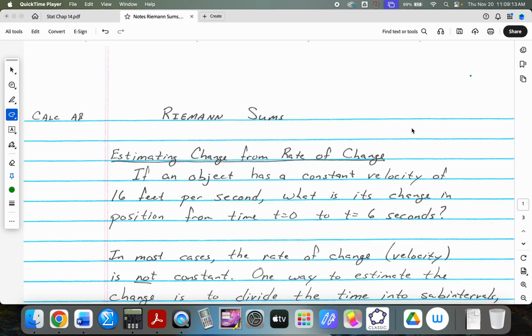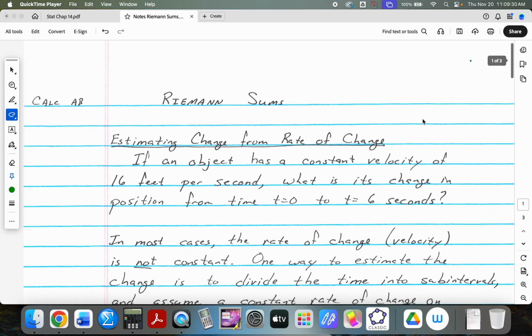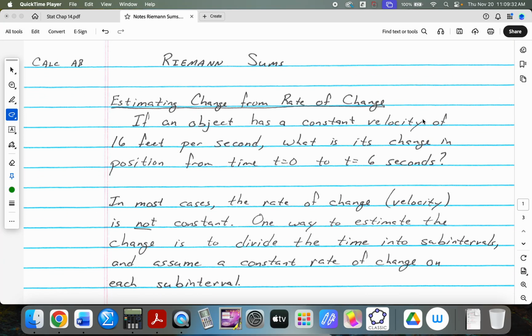It's Riemann, not Riemann. Or I actually heard someone doing a presentation once where they called it Riemann sums, and I was like, oh gosh, that offends every German ever born.